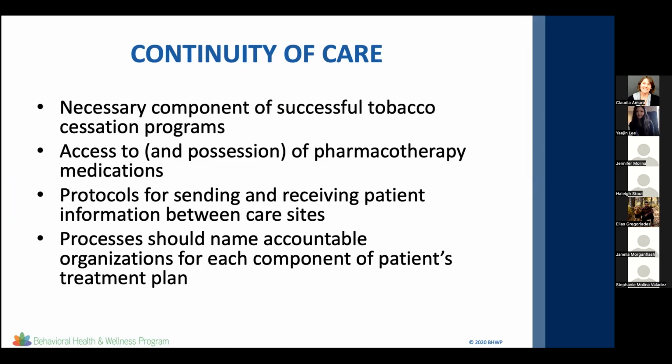However, we would want to make sure that the client knows where and from whom they may get medications. One example of this is those re-entering from incarceration are normally assessed for eligibility to Medicaid. At that time, we would want them to know that they have a cessation benefit, what that benefit is, what choices they have within that benefit, and how to activate that benefit should they decide they need it.